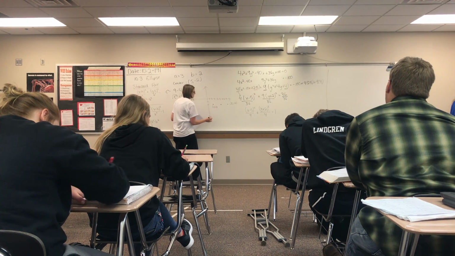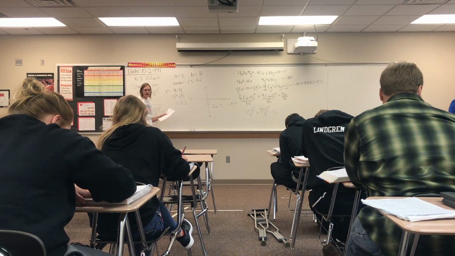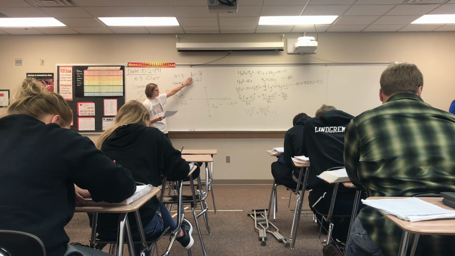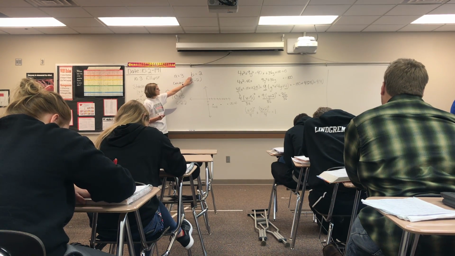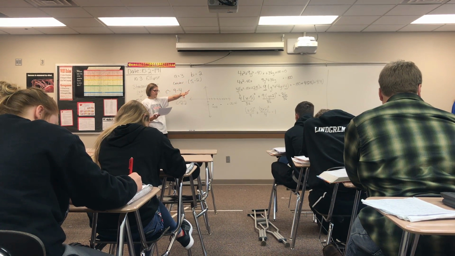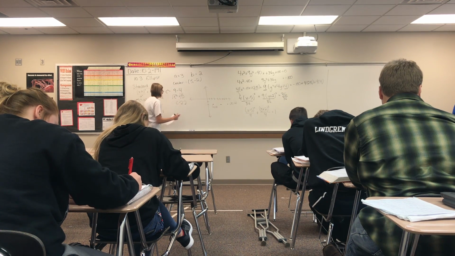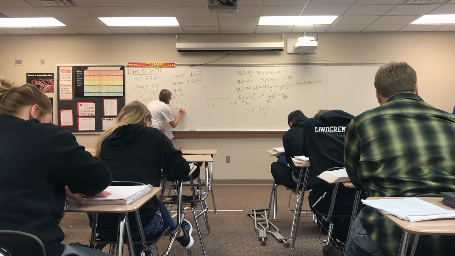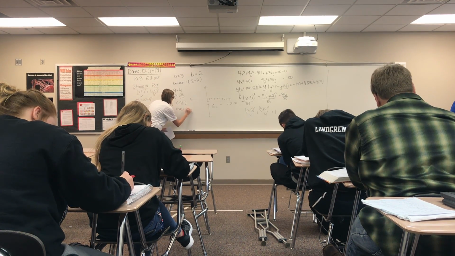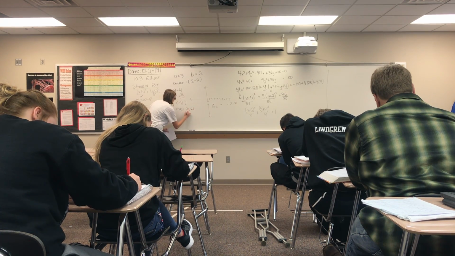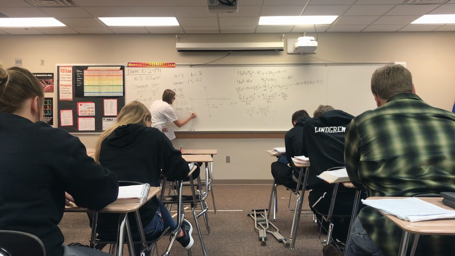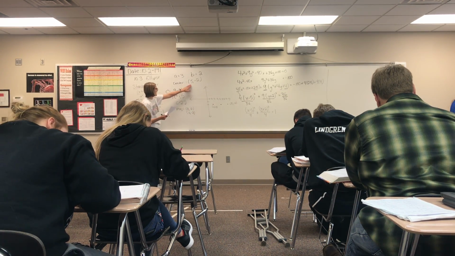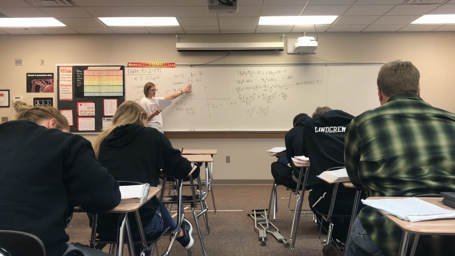Okay, so there are my major vertices. Let's label major. Write that down. So my major points are now 8, negative 2, and 2, negative 2, because we took 5, and we added 3, and then subtracted 3.